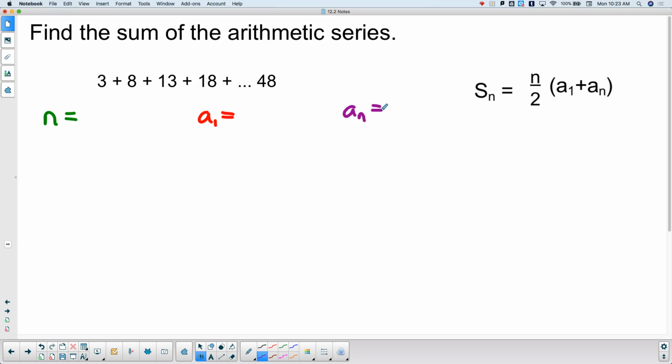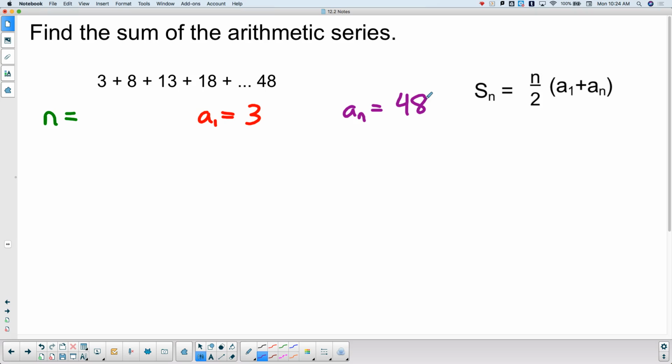Pat: A1 is what I put on my sticky. A sub 1? Yeah. So the first term is 3. I would agree with that. Give me another one. A sub n is 48. I would agree with that, that my last term is 48.